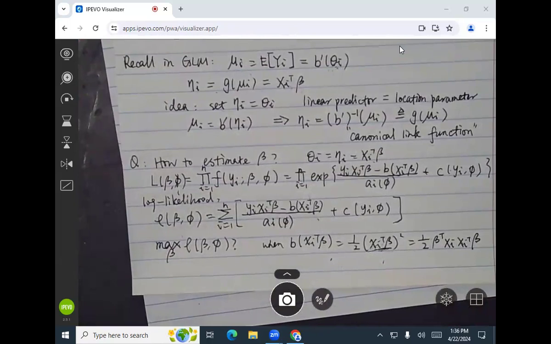And you can imagine the generalized linear model was probably developed, if my memory is correct, in the 1970s, as a statistical methodology. But at that time, computers were still not there yet. So how do we do calculation easily?